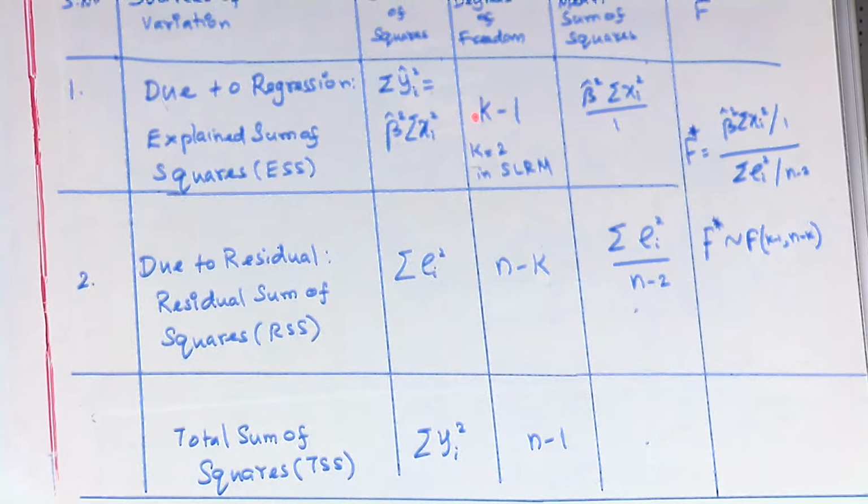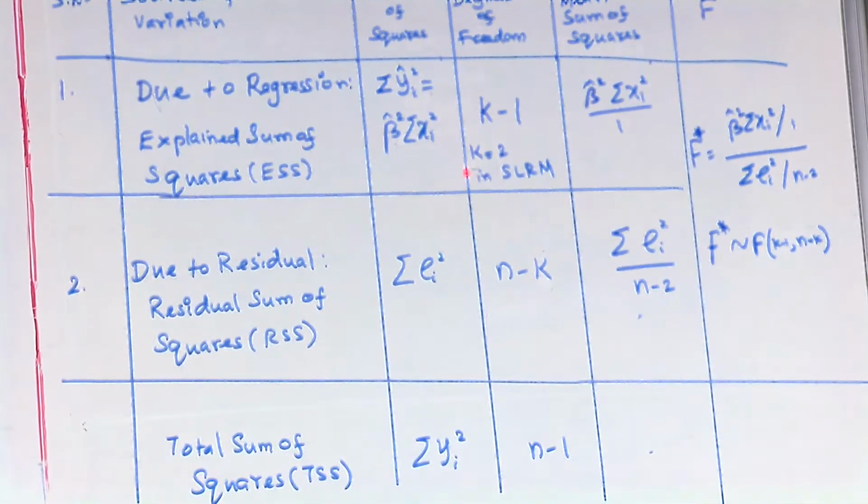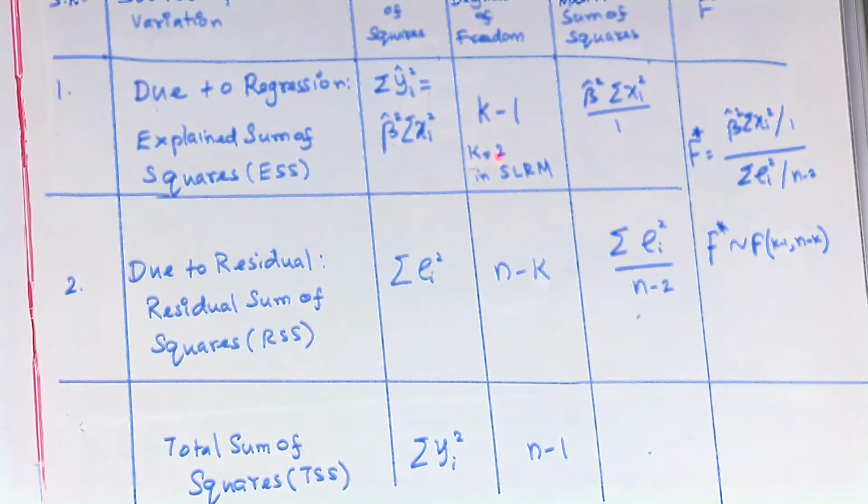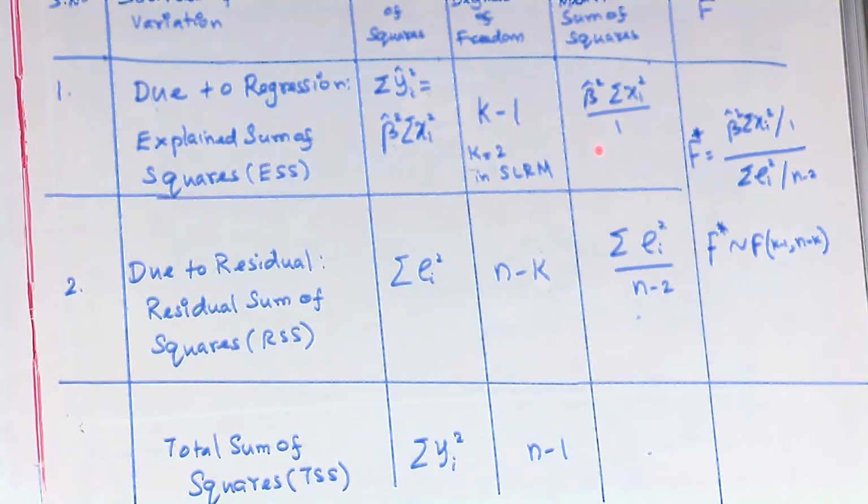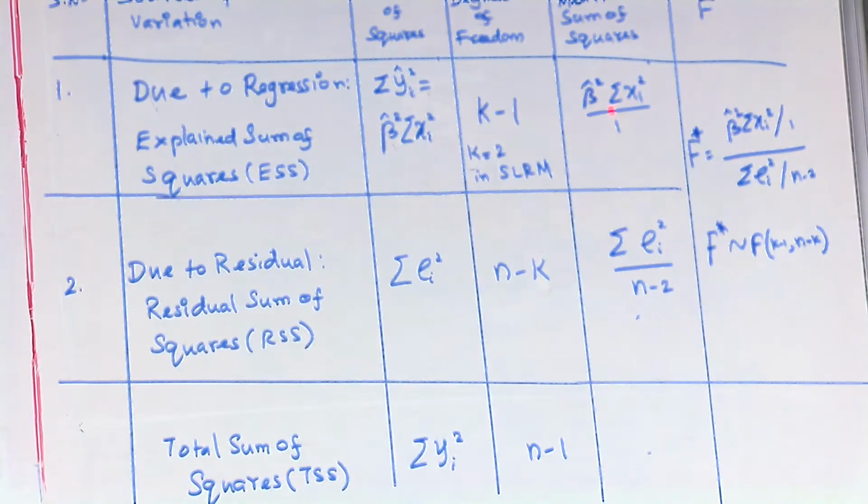The degrees of freedom is defined for this term as k minus 1. K is the number of parameters to be estimated. In this case, alpha and beta are the two parameters that were estimated in this model, so k is equal to 2 here. So 2 minus 1 is 1, the degrees of freedom for the explained sum of squares. And so the mean sum of squares we define as beta hat square sigma xi square divided by 1.